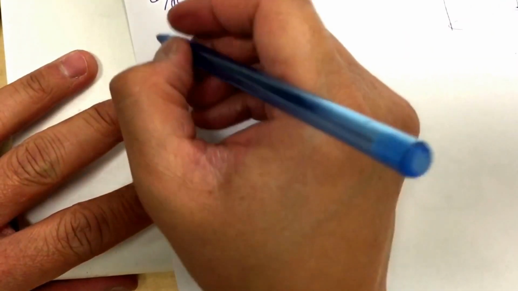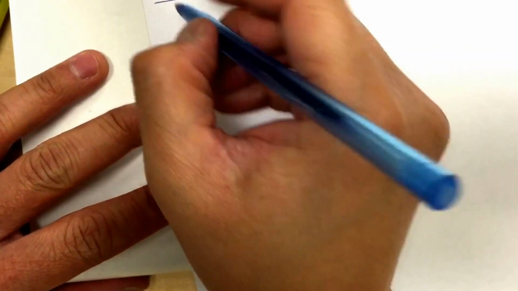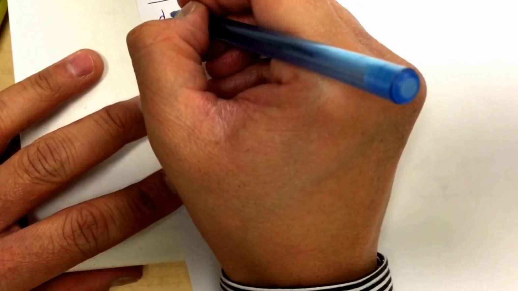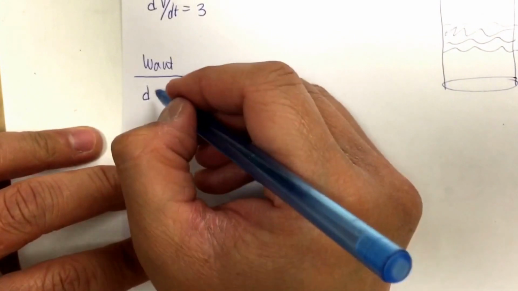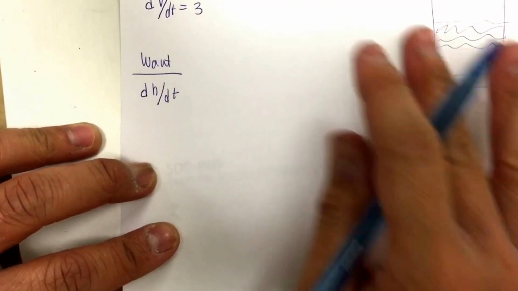Okay. What do we want? We want to know how fast the surface is dropping. The surface is really talking about the height. So the change in height with respect to the change in time. That's what we want.